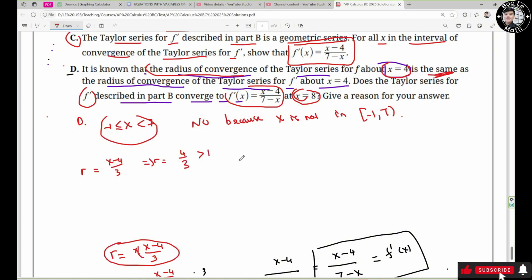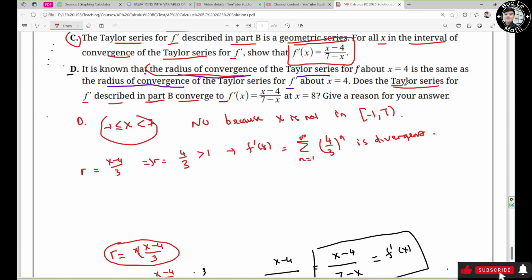So it tells us that f prime of 8 equals the sum when n goes from 1 to infinity of (4 over 3) raised to the n, which is divergent, because r equals 4 over 3 is greater than 1. Now you need to say the Taylor series for f prime described in part B does not converge to f prime of s equals (s minus 4) over (7 minus s) at s equals 8.